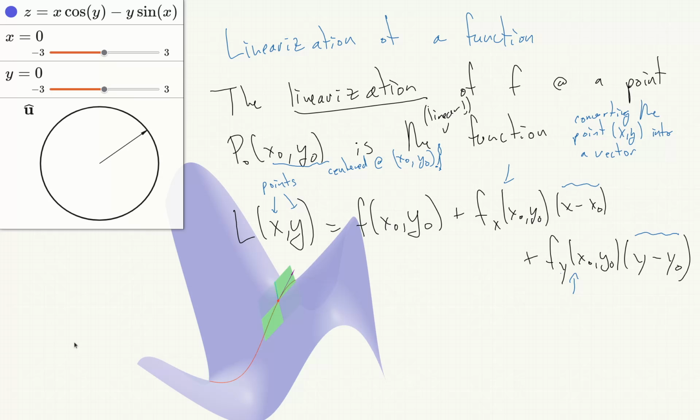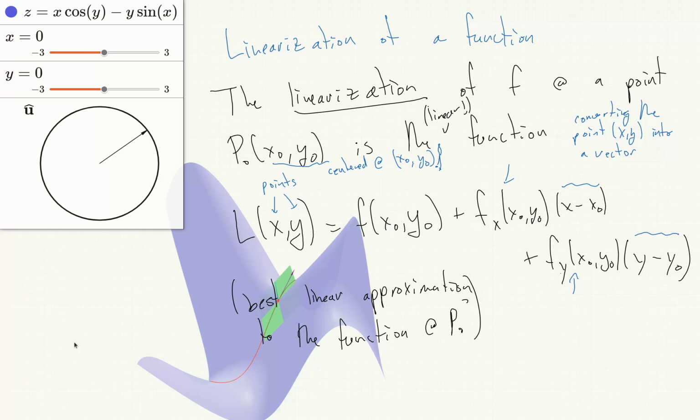So the linearization is the best linear approximation to the function at p0, and if we look in a particular direction, we can move this over.